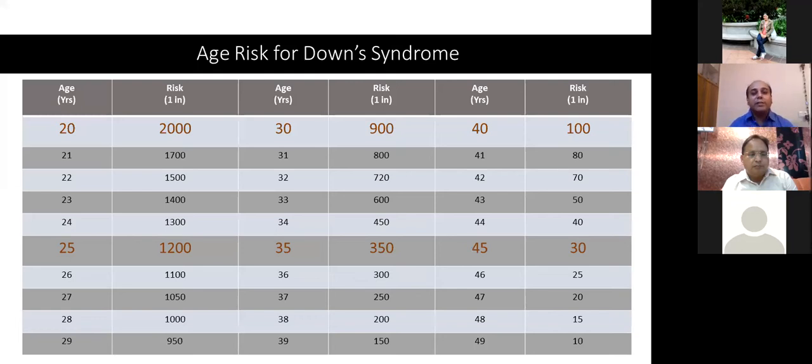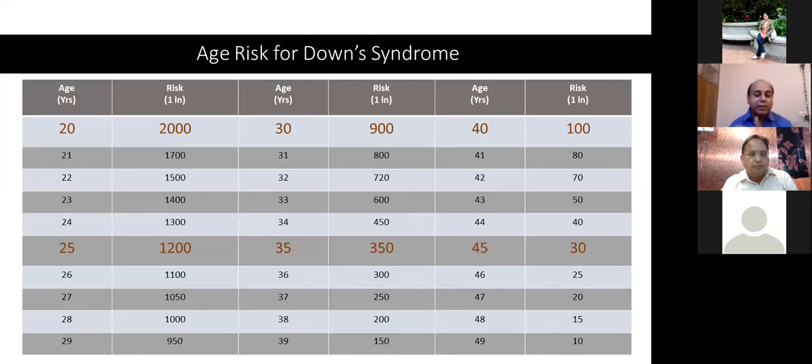So if we see the age risk for Down syndrome, it is given in this table. I will be giving a printable copy of this table on WhatsApp later, so we can have it for ready reference. So if we see this age risk, at 20 years, the risk of a mother having a fetus with Down syndrome is 1 in 2000, which goes as high as 1 in 100 at the age of 40 years.